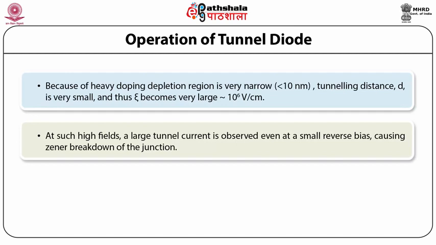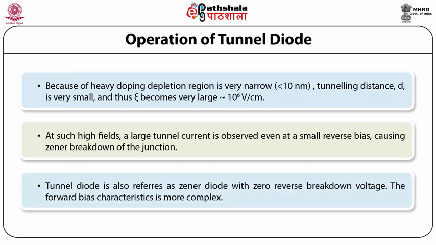So at such high fields, a large tunnel current is observed even at a small reverse bias, causing Zener breakdown of the junction. So this implies the tunnel diode is referred to as the Zener diode with a zero reverse breakdown voltage. So the forward bias characteristic is more complex.